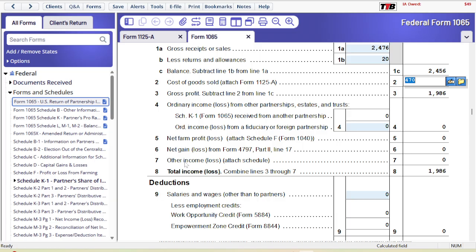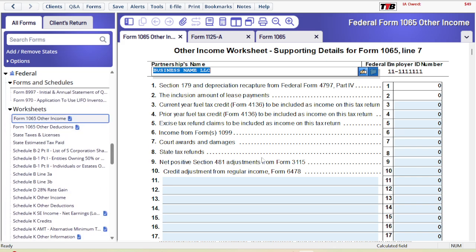Line 7, other income or loss, attached schedule. So we are going to click there and go to that folder. As we went through those lines, there is not much there for business owners like you and me to put on them. So we are going to go under deductions here to see what we have.